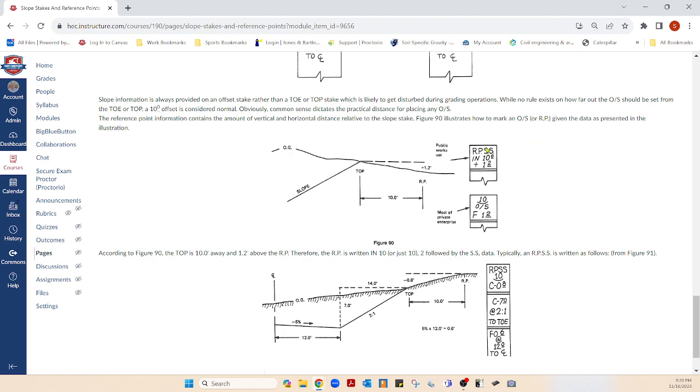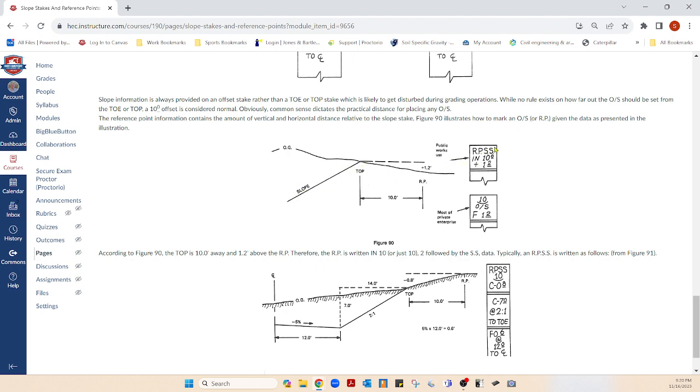The first thing you're going to see in a reference point to slope stake is where to start. So I'm looking at things here and I'm saying that this is the top right here, and this is the slope.